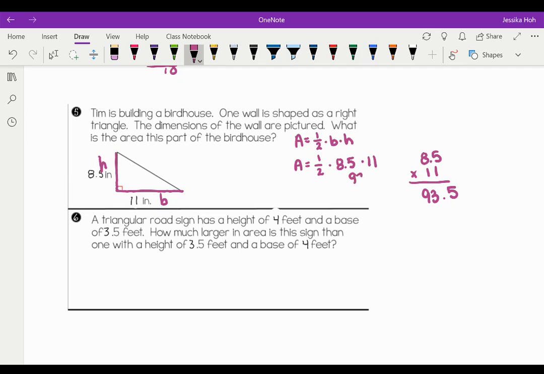So 93.5, I'm going to times that by 1/2, so 93.5 divided by 2, or I can say times 1/2, and that gives me 46.75 inches squared.